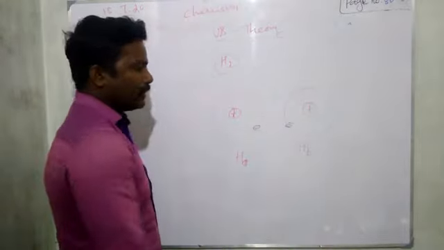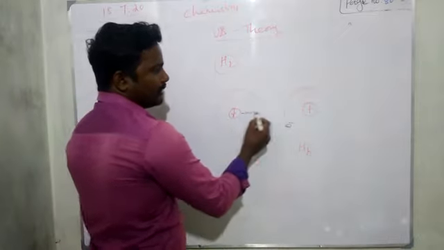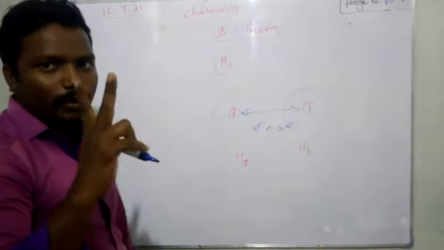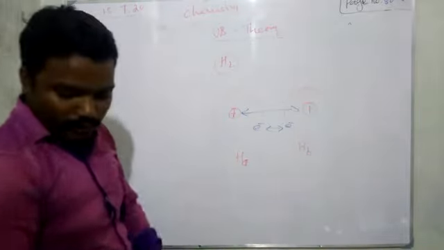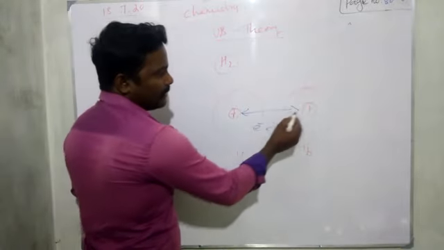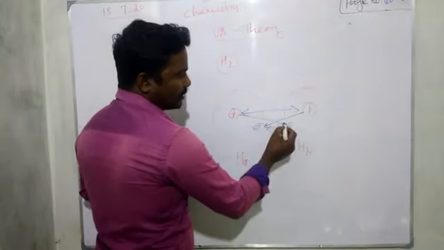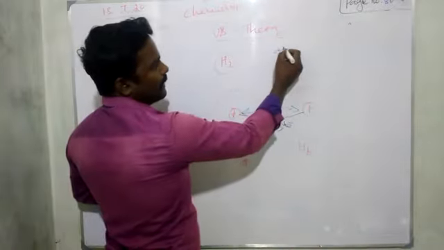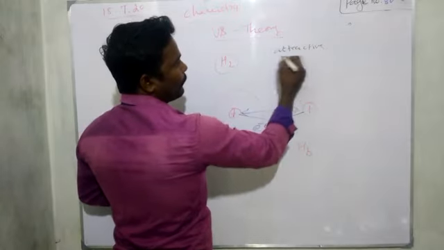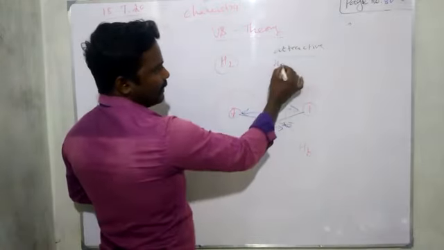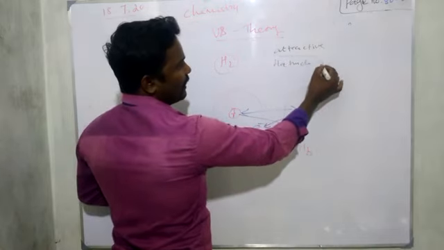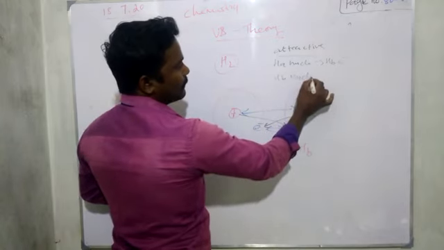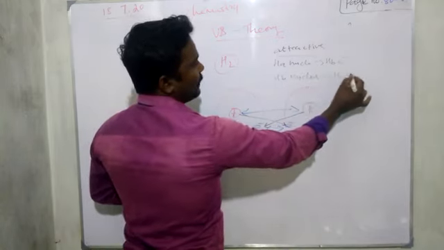Now you can expect two repulsions and two attractions. There are valence electrons. Now what will happen? The nuclei will repel each other, and the electrons will repel each other. Two repulsive forces. Two attractive forces also we can expect. What are they? This nucleus may attract the other electron, and the other nucleus may attract this electron. The two attractive forces: HA nucleus attracts HB electron, HB nucleus attracts HA electron.